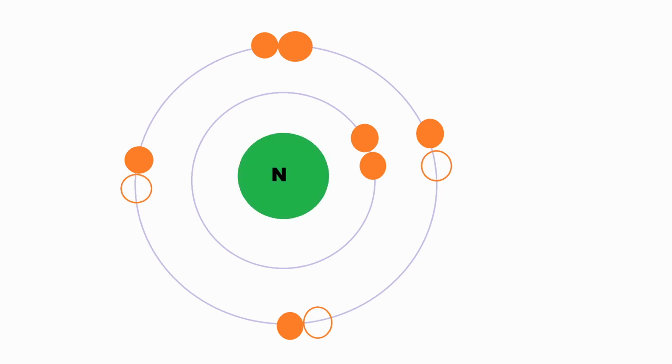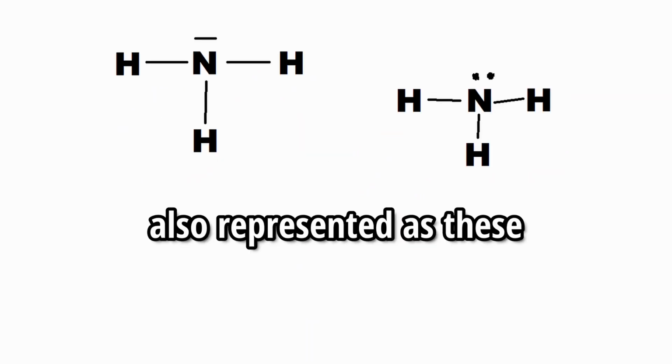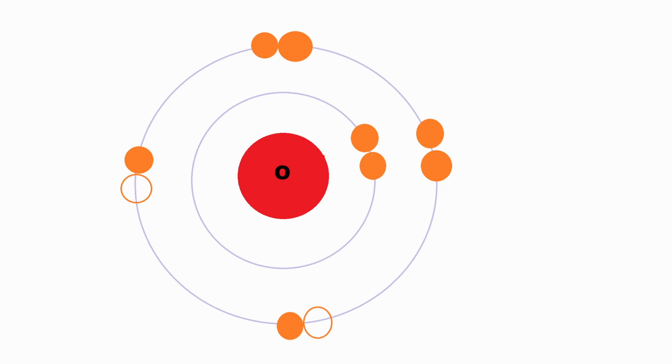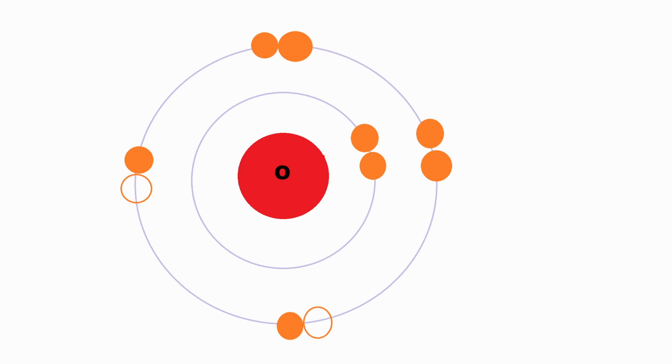Nitrogen has 5 electrons in the outer layer, so 2 of these 5 will form a couple together that won't be shared, but the other 3 will want to form 3 different couples of shared electrons, so it has 8 electrons in the outer layer. Oxygen has 6 electrons in the outer layer, and 4 of these will form a dimer of electrons, and the other 2 will be shared with other atoms.